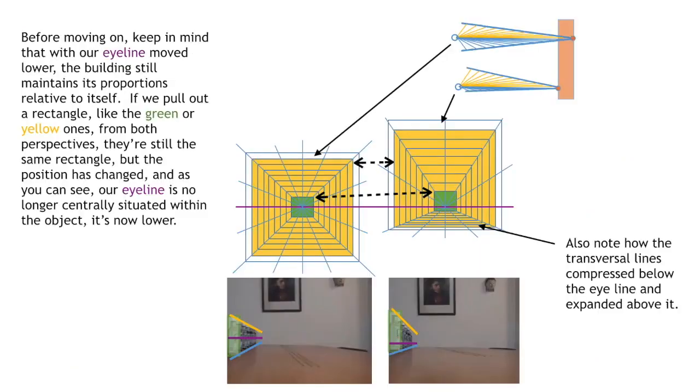So before moving on, let's keep in mind that with our eye line moved lower, the building still maintains its proportions relative to itself. This is an important part before we move on. If we pull out a rectangle like the green or the yellow ones, let's say, instead of the orange and blue paint, we now just pull out one yellow rectangle and one green rectangle far away.